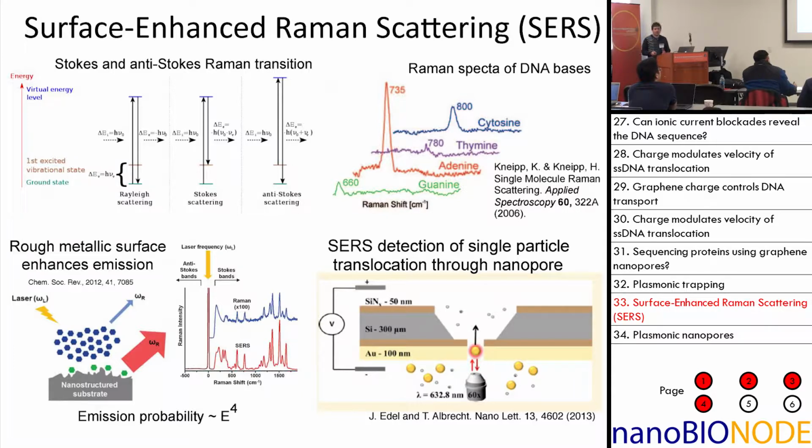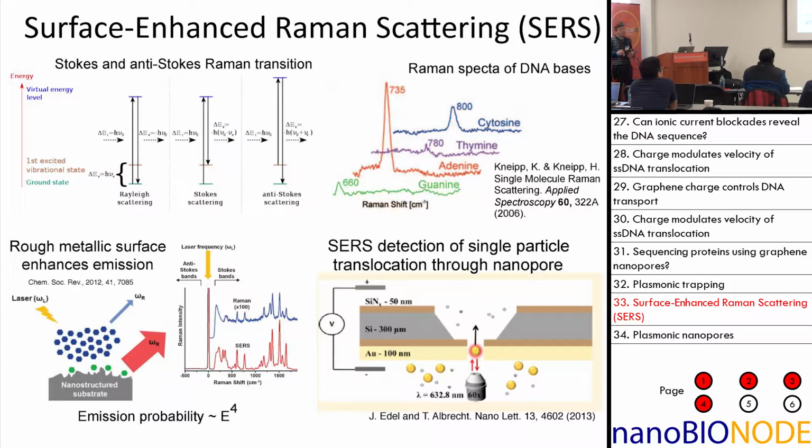And this used to be a really, really weak process, right? It's difficult to measure unless you have some kind of surface roughening. So this is an example of a measurement where you have a rough metallic surface that enhances emissions. In this case, the enhancement was a factor of 100.